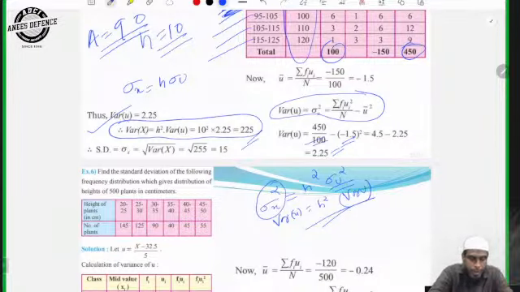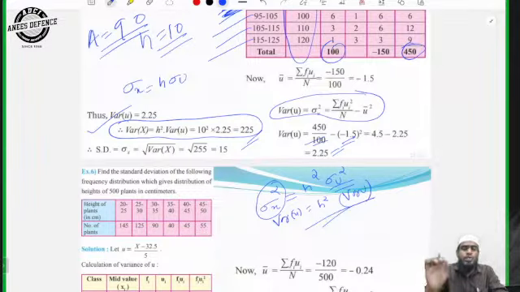That means sigma x is the standard deviation of observations x1, x2, etc. up to xn, and sigma u is the standard deviation of observations u1, u2, u3, etc. up to un, and sigma x square is represented as the variance.